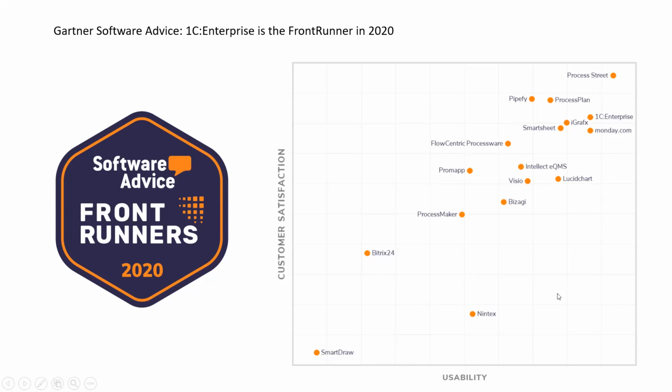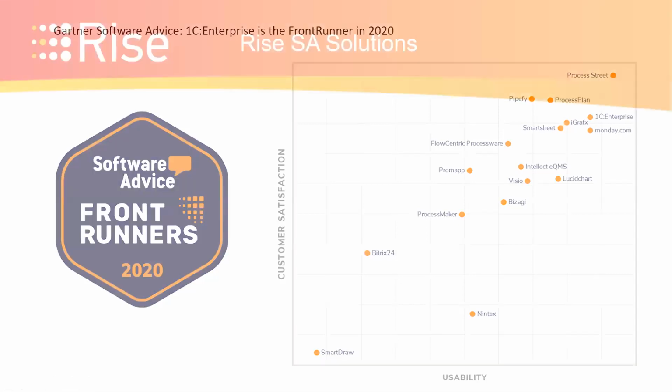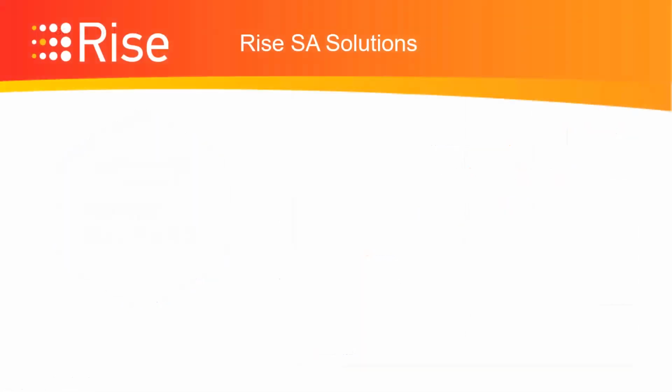What it means is that end users as well as partners rate the software according to customer satisfaction and usability. Then Gartner Software Advice takes all the scores and maps all the other software on what is called the Magic Quadrant. So that's quite a cool achievement.